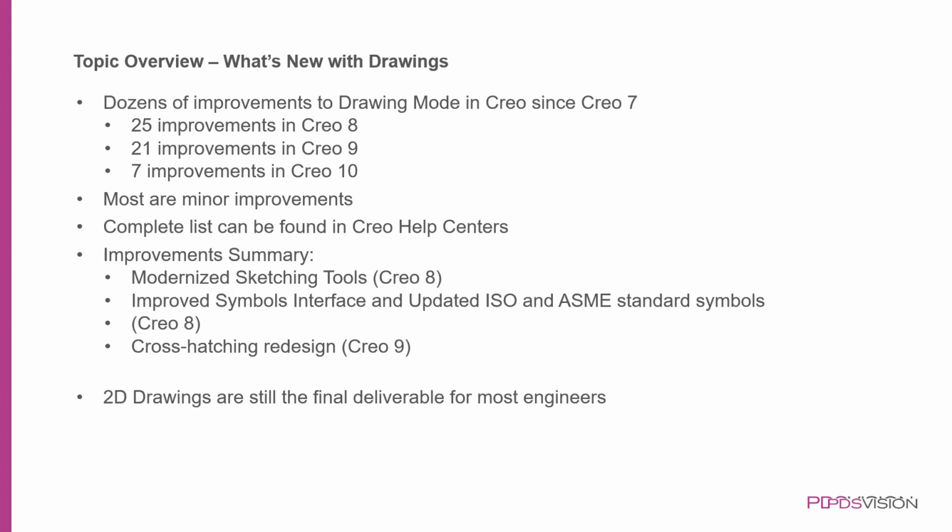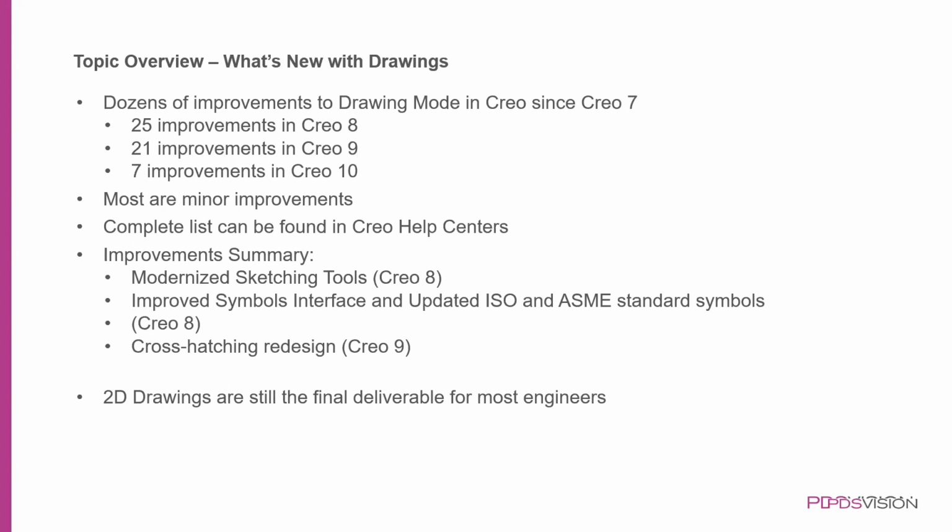Additionally, the symbols interface has been updated, and many symbols have been updated to conform to the newest versions of ISO and ASME standards. I have Creo 8 on there for that one. They have made some of those changes incrementally in terms of adherence to standards. They're always keeping that up to date.